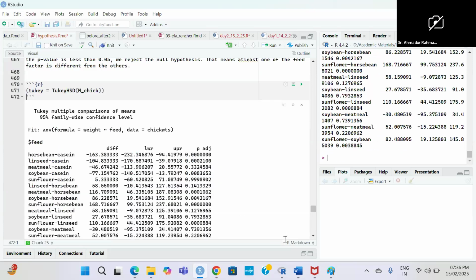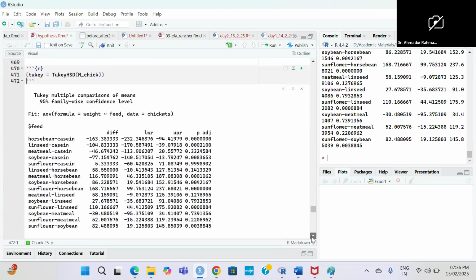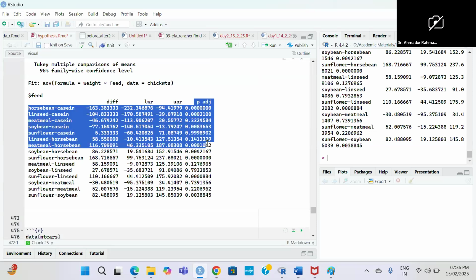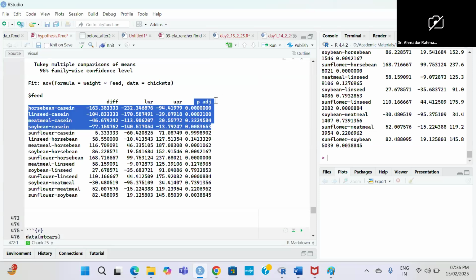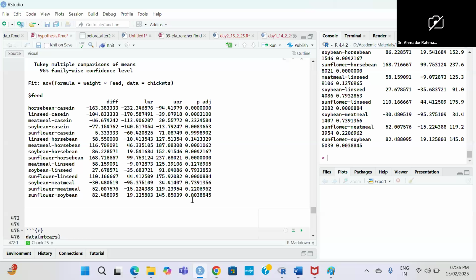See, there are combinations and you have to focus only on the last column. In the last column you will see 0, 3, 9, many values. This one is 0, so that means horsebean and casein are different, they are not equal. Linseed and casein, both of them are different, they are not equal.